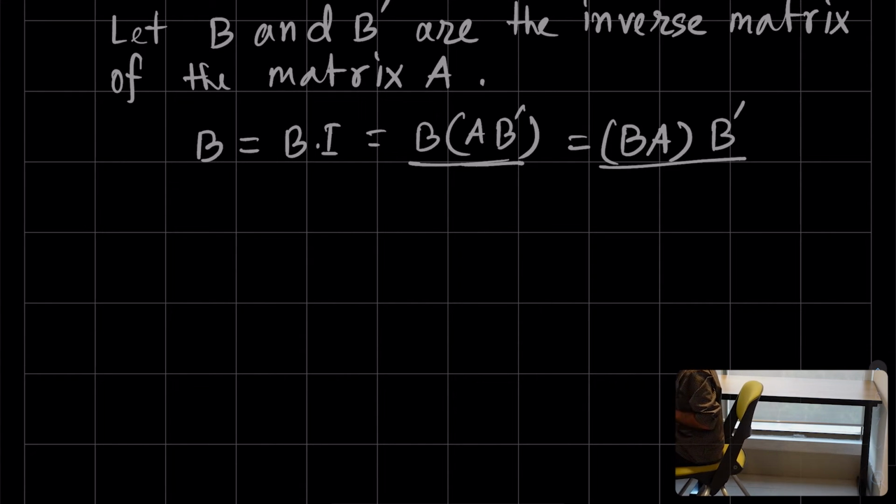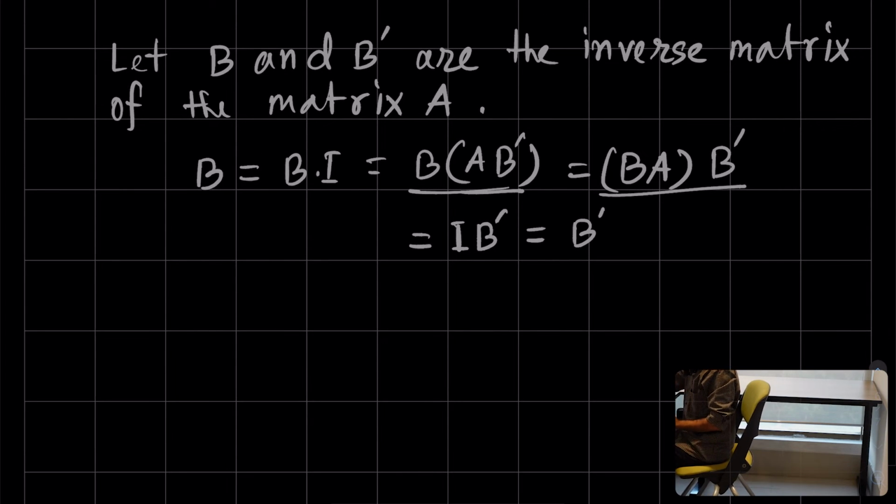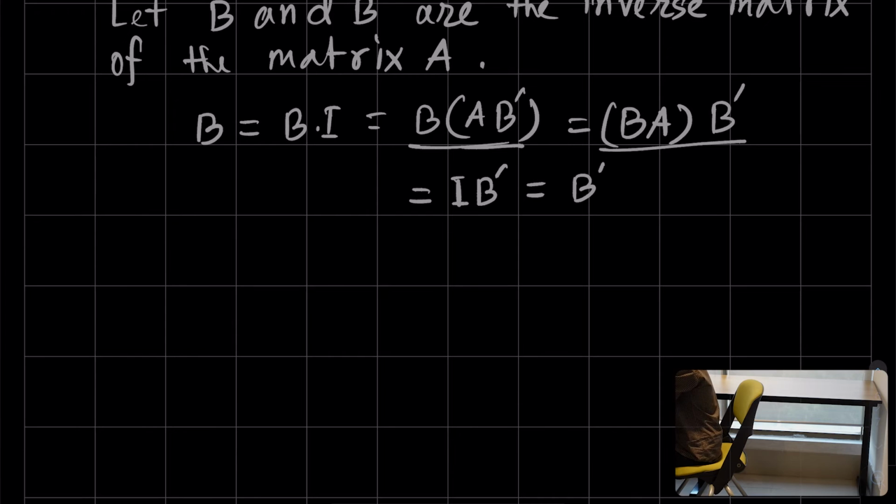And since B is also an inverse of the matrix A, this is equal to identity times B prime, and this is equal to B prime, because we already showed that identity times any matrix is equal to that matrix, right? So that means there is only one inverse for a matrix, and the uniqueness of the matrix inverse is proved from here.